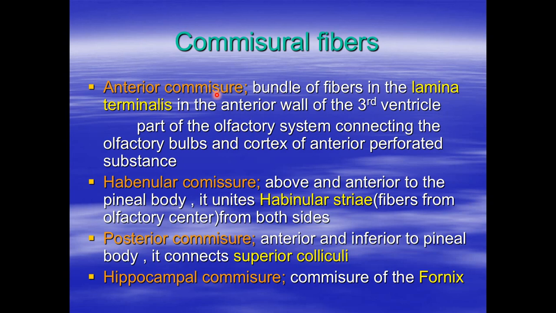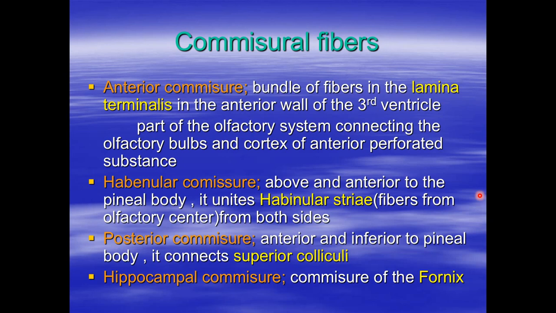This is different from the forceps major. It's a commissural fiber. It is part of the olfactory system, connecting the olfactory bulb and the cortex of the anterior perforated substance, so it is related to the function of smelling.